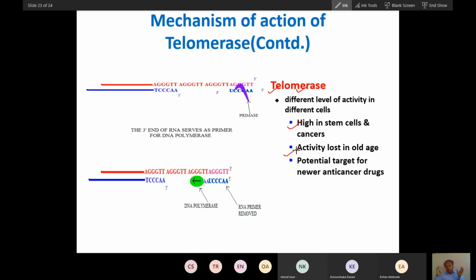Telomerase activity becomes low. When telomerase activity becomes low, cell division capability becomes low. If cell division capability becomes low, then what? Rejuvenation capacity of the body becomes low, and if cells are not rejuvenated, people will ultimately die. Did you get the concept of telomerase and aging?